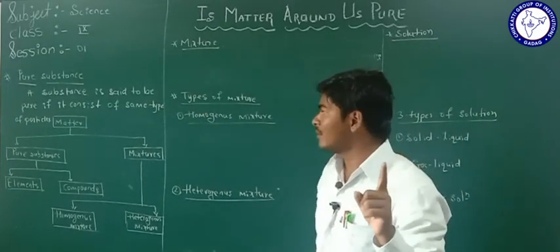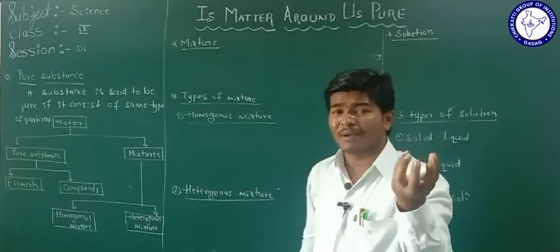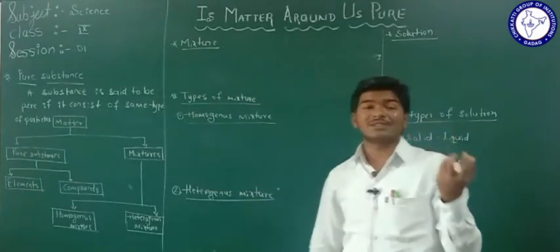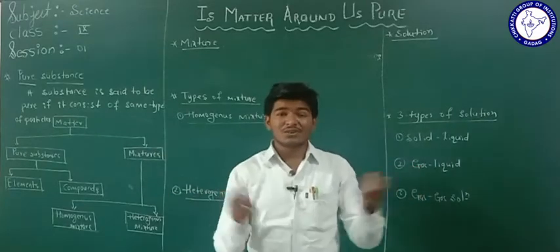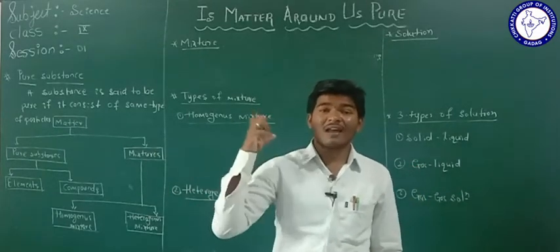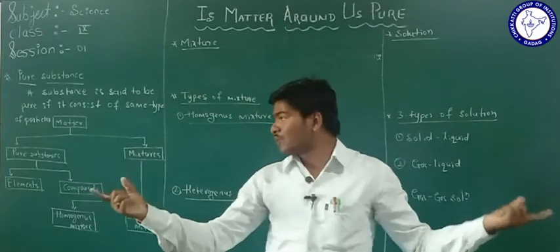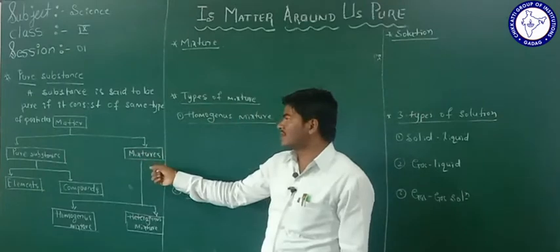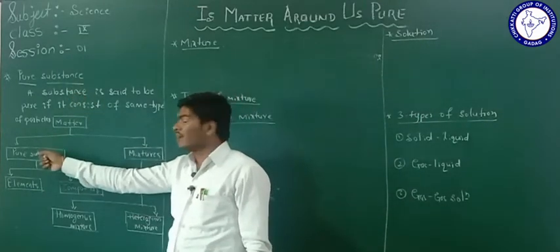You have to remember here, if the substance doesn't contain the same type of particles, then it is called a mixture. Then what is a mixture? The substances present around us are all called matter. That matter is divided into two types: pure substances and mixtures.